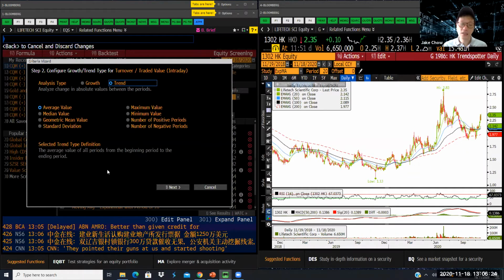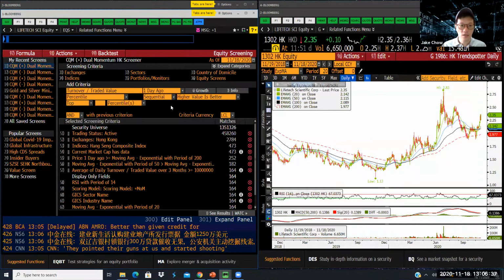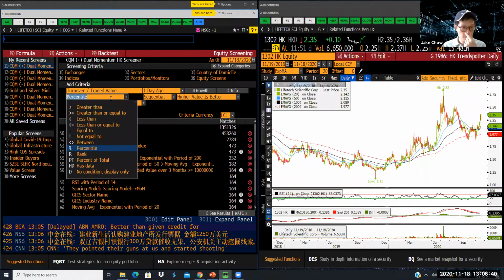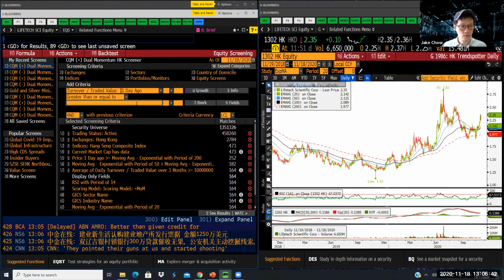We will have to go back to the drawing board to ask ourselves a more specific question on how we want to define this, and then we can come back here and create the rule. So let's say, simply put, your traded value or the ADV for yesterday is bigger or equal than a particular period. I will have to figure out a way to define this.